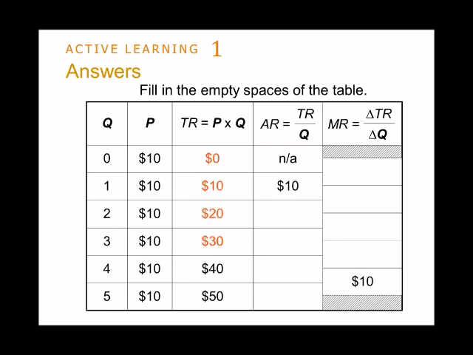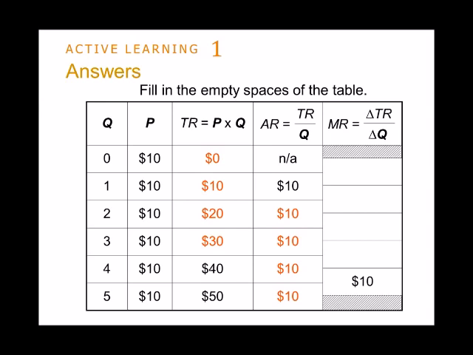Sorry about that. Average revenue, well, we can't divide a number by 0, so it's not available. If quantity is 1 and price is 10, our total revenue is 10. Our average revenue is 10 divided by 1, which is still 10. If our quantity is 3 and price is 10, then our total revenue is 30. Average revenue, of course, if we divide total revenue by quantity, we get 10.